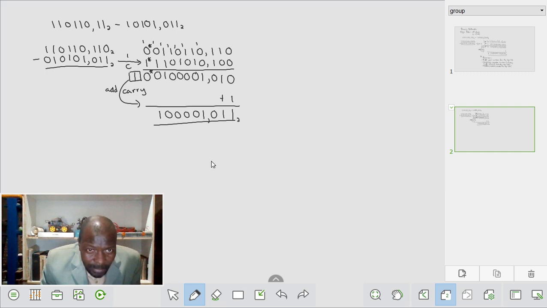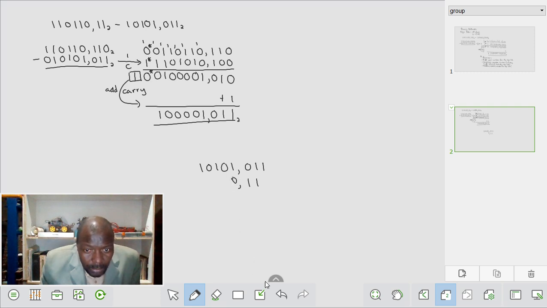So let's take the same numbers and say, okay, what if we said 1 0 1 0 1, comma 0 1 1, was the one subtracting 1 1, commas are aligned.